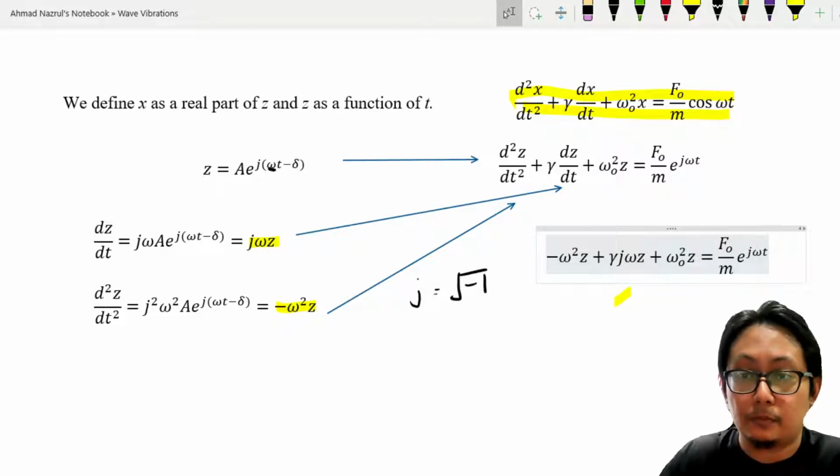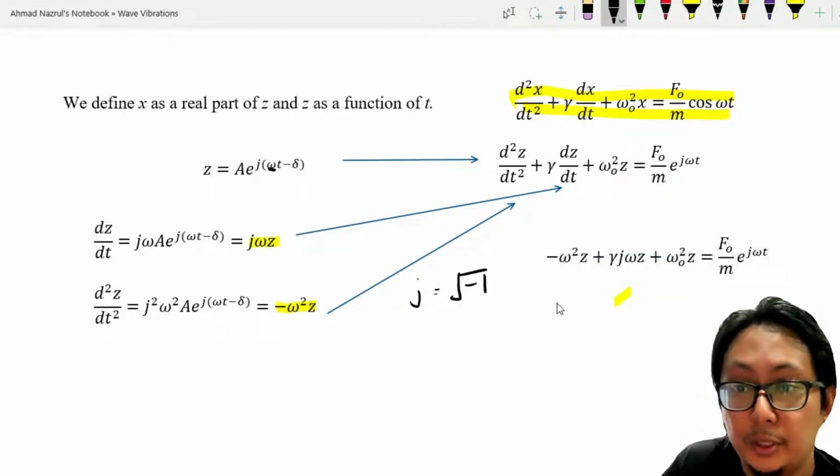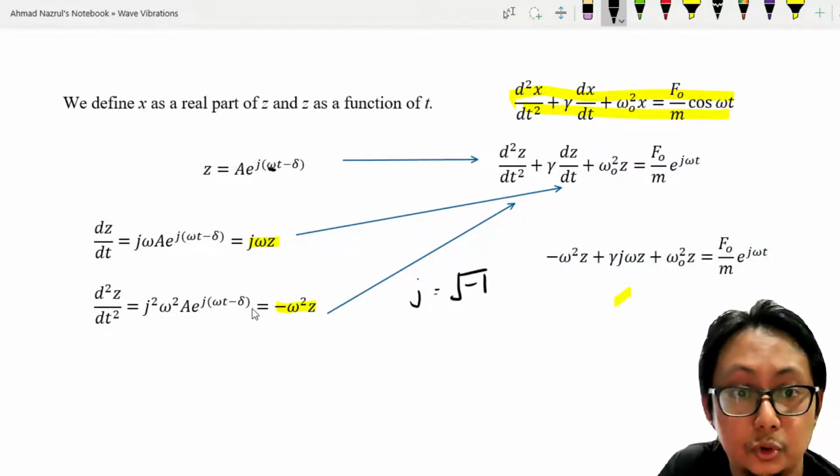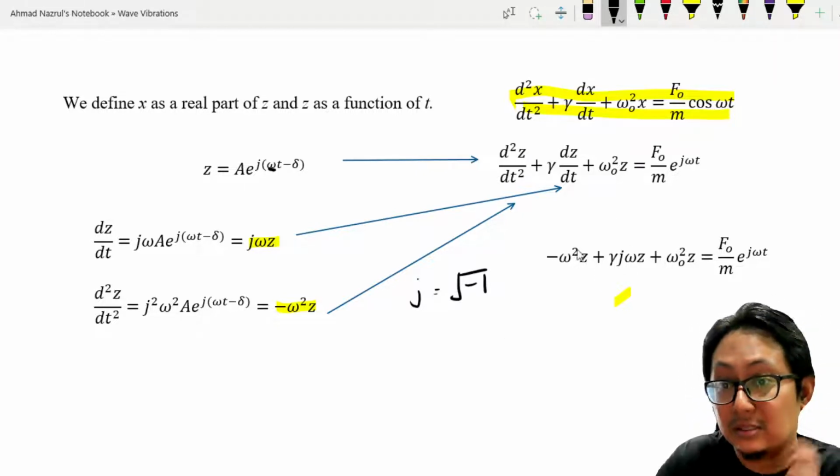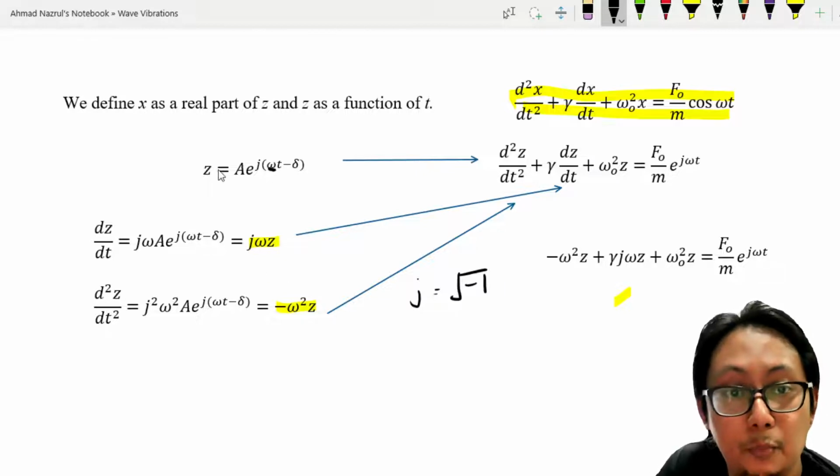Because z is still here, I need to put the value of z here.